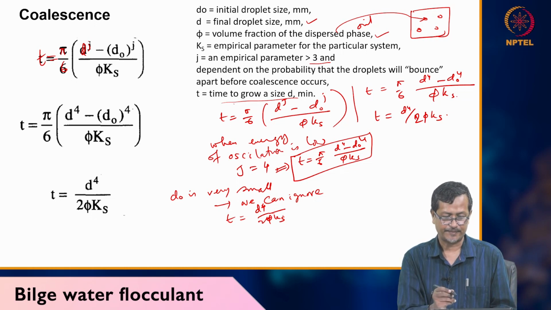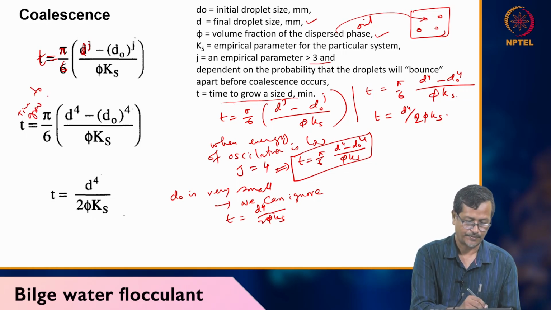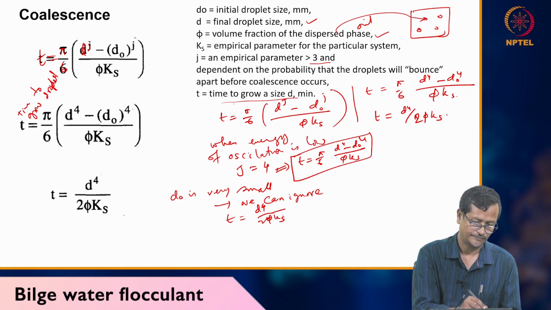So this is called the time to grow a droplet due to coalescence.